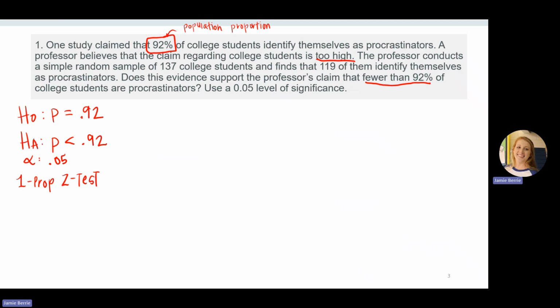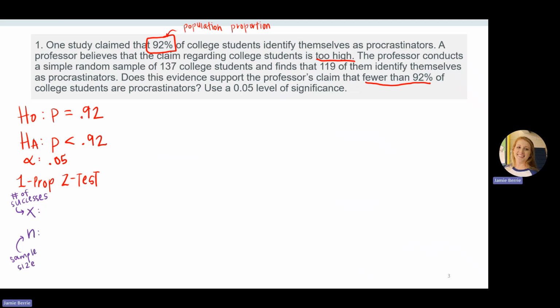The things that you're going to need when we type this in are X and then N. X is what they call the successes. Now, success is going to vary based on what you're looking at. So this is the number of successes. And then N, of course, is the sample size.